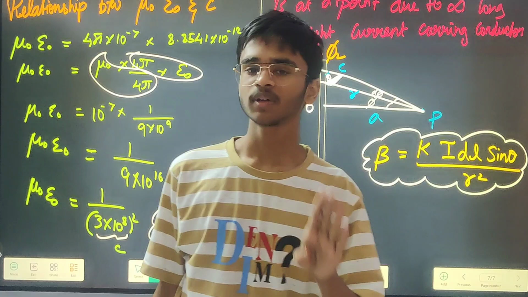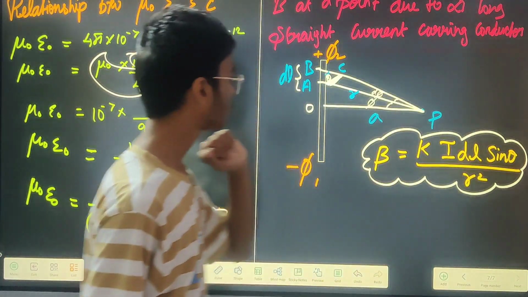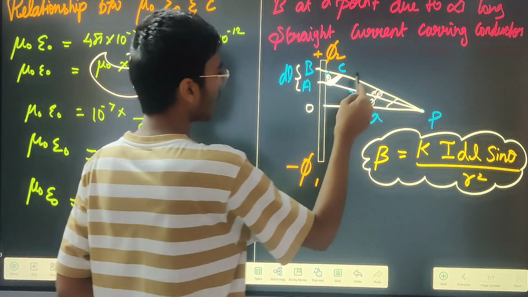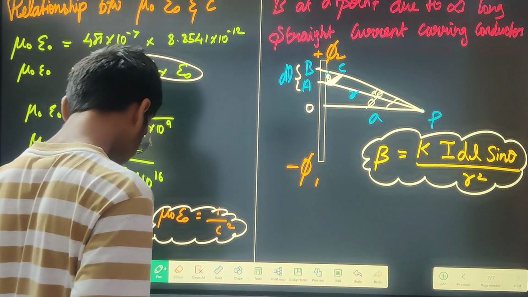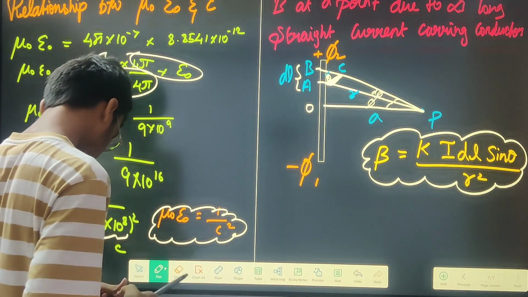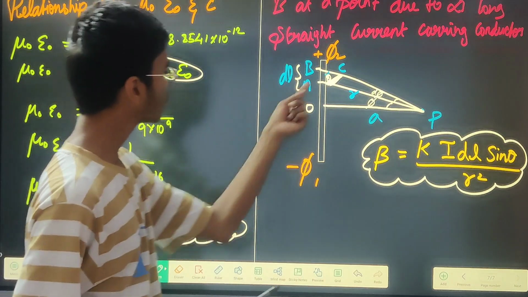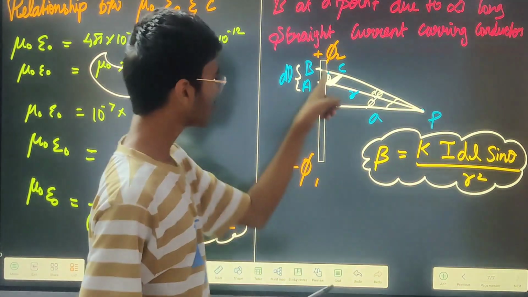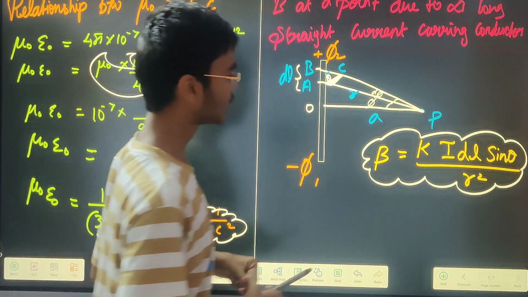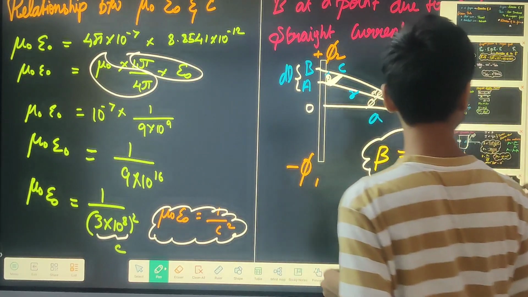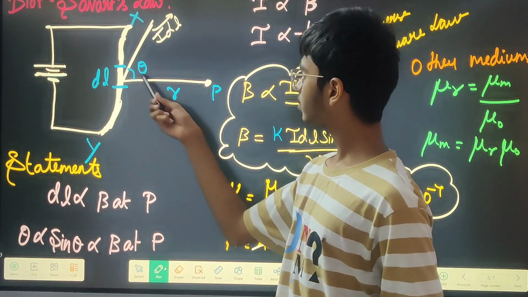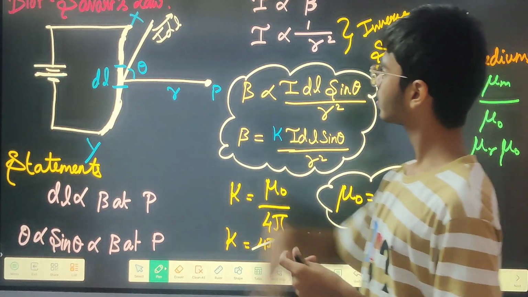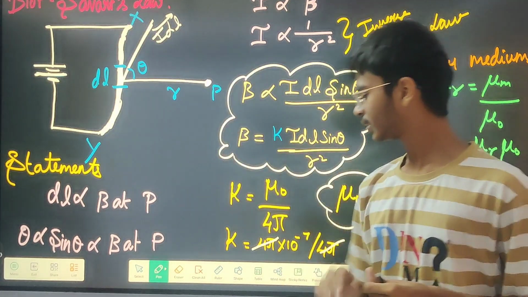So this one at this point, what it is going to be, that is what we are going to see. Here it is theta only. Okay, so here we have kept theta. I have very clearly said what the theta is. So this angle is the sine theta, the angle between the Idl and this point.